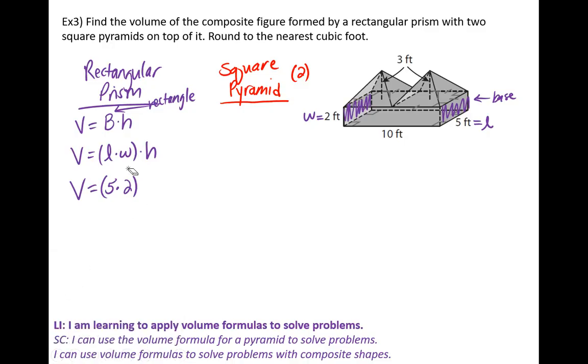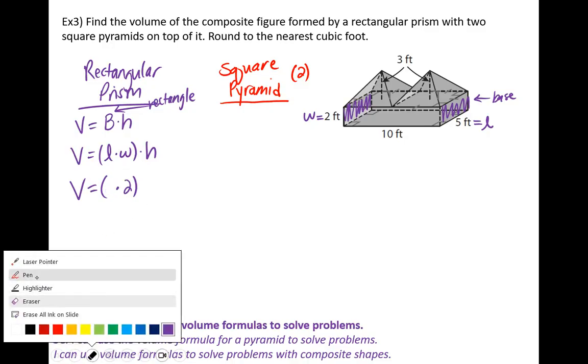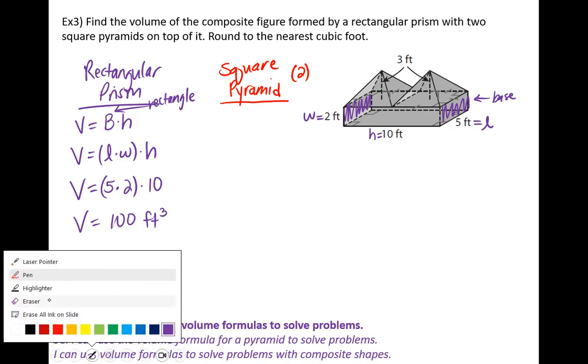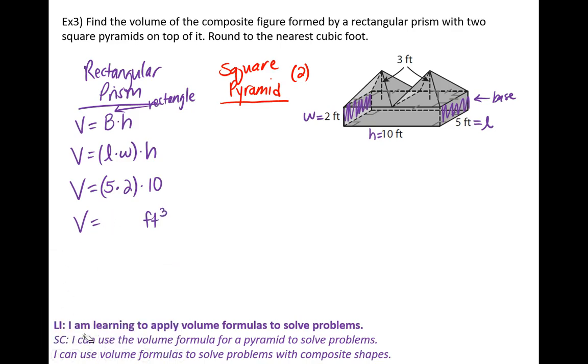Remember, the height, when we're talking about a prism, is the distance between the bases. So the height of my prism is actually 10. So I'm going to do times 10. And that I can do in my head. 5 times 2 is 10, times 10 is 100. And this is feet, and we're going to make sure it is cubed.